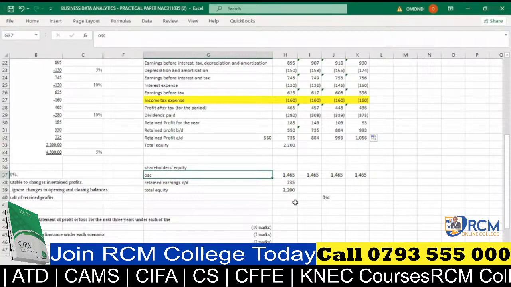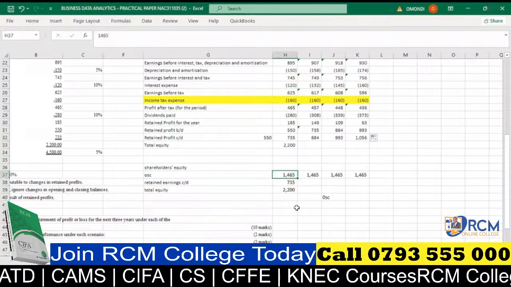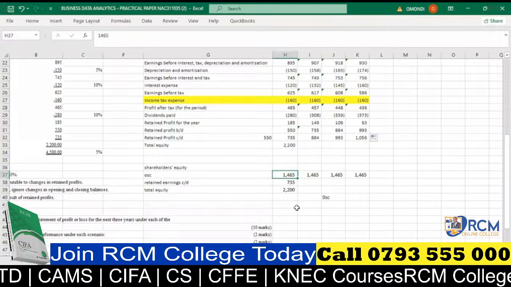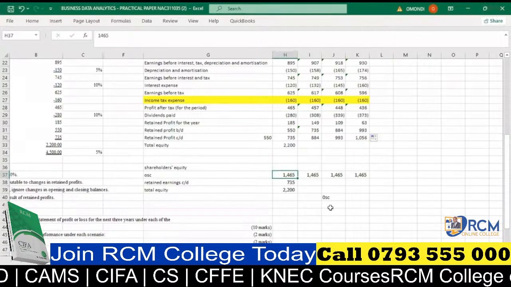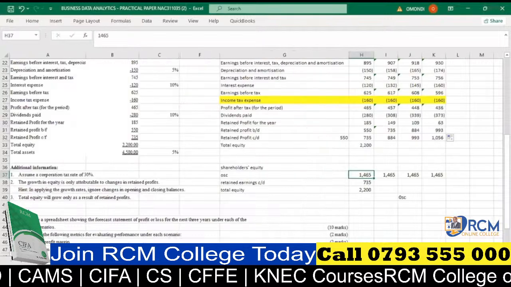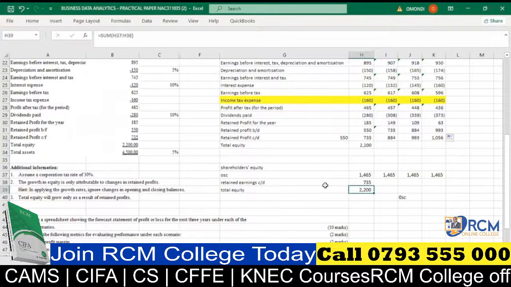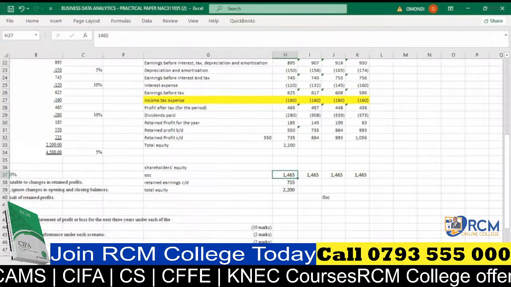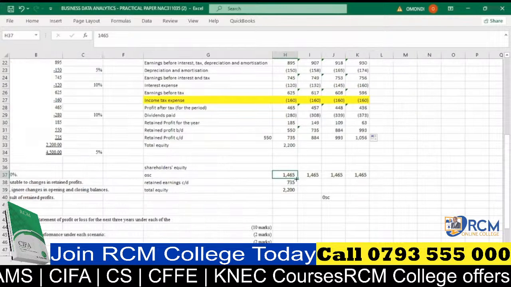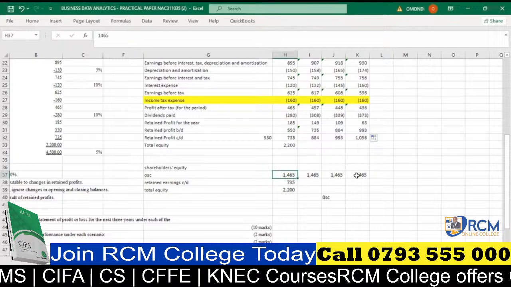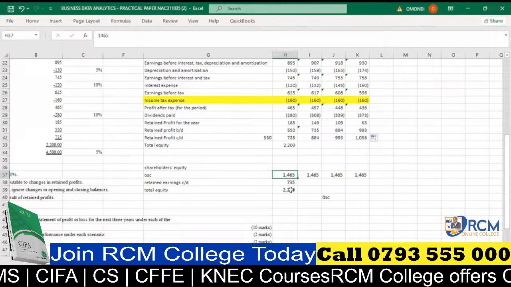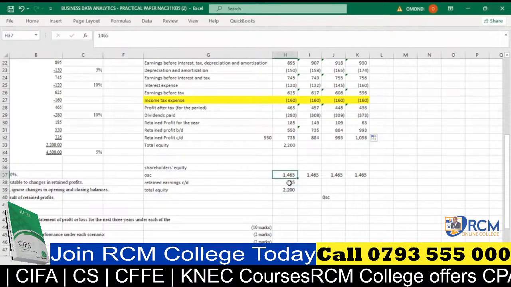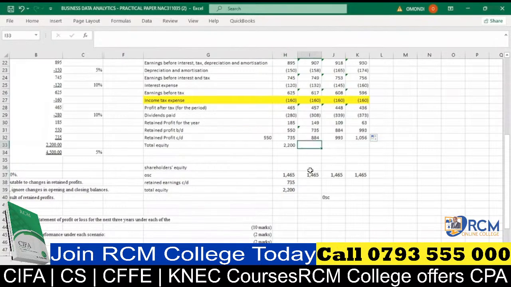This 1465 is ordinary share capital. Assuming this is a public limited company, you know very well ordinary share capital is always fixed. And the examiner is telling us that an assumption is given that the changes in the total equity will not be as a result of ordinary share capital. No, it will be as a result of changes in retained earnings. So our ordinary share capital will be constant all through. So tukitaka kupata total equity, tutachukua ordinary share capital plus retained earnings carried down. Tushaipata hapa.